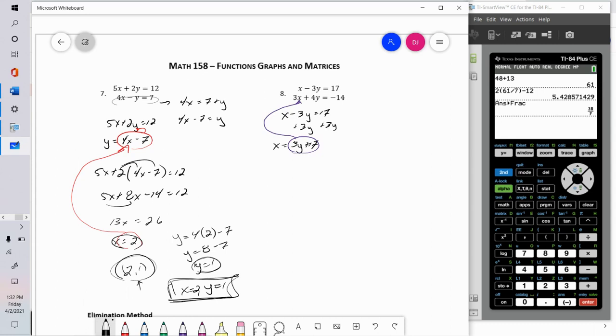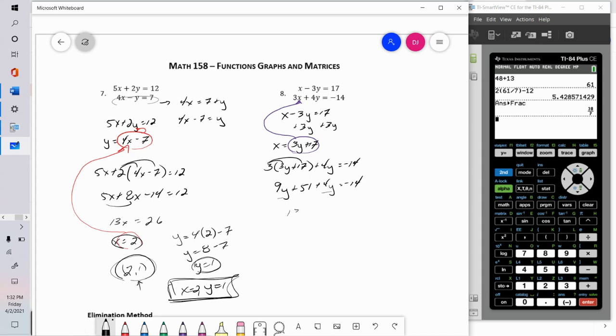Notice we're doing substitution. That's why it's called the substitution method. So 3 times the x value, which is 3y plus 17, plus 4y equals negative 14. Distributing the 3 to the 3y and the 17, plus 4y equals negative 14.